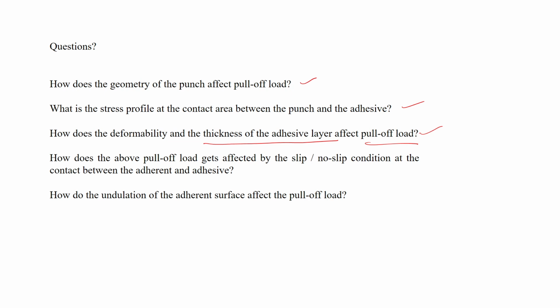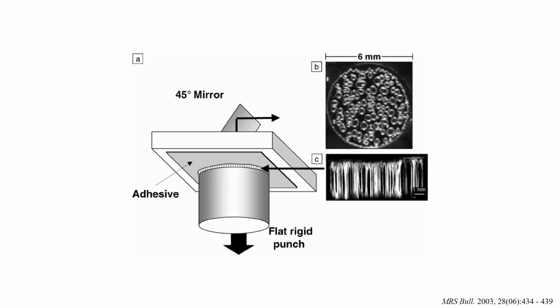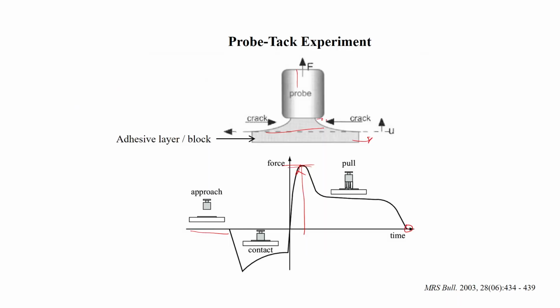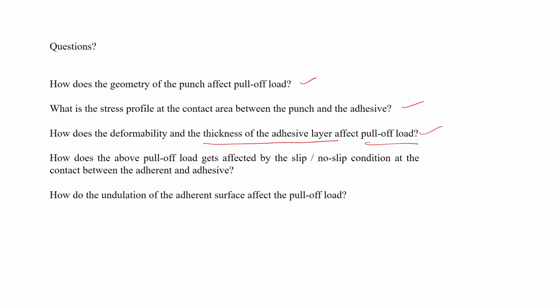Now, how does the above pull-off load get affected by the slip or no-slip condition at the contact between adherent and adhesive? Over here, when this particular crack propagates, there is not only normal pulling, but also a shear that happens. That shear happens because of the friction. So, it is not only the normal pulling, but the friction also becomes important.